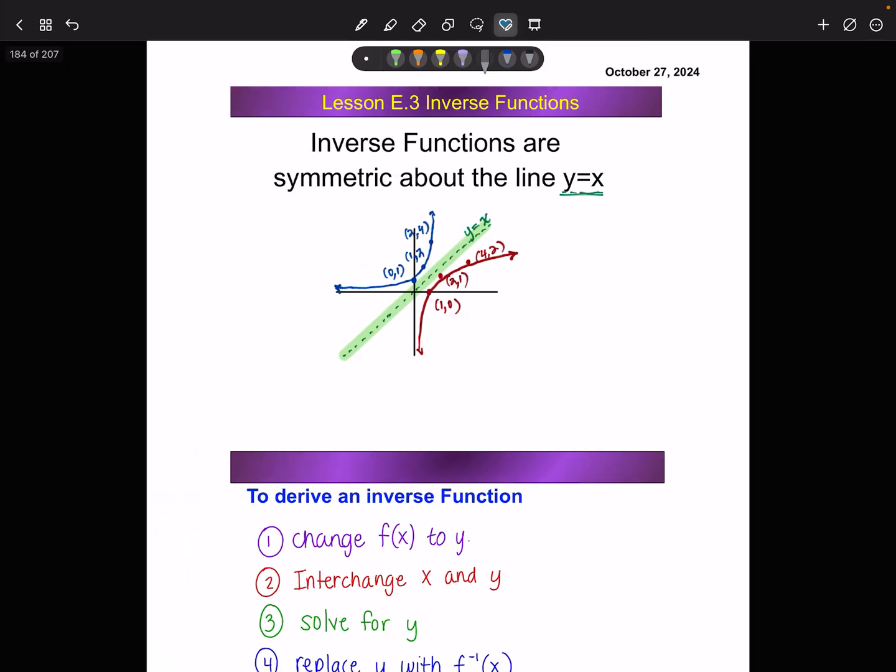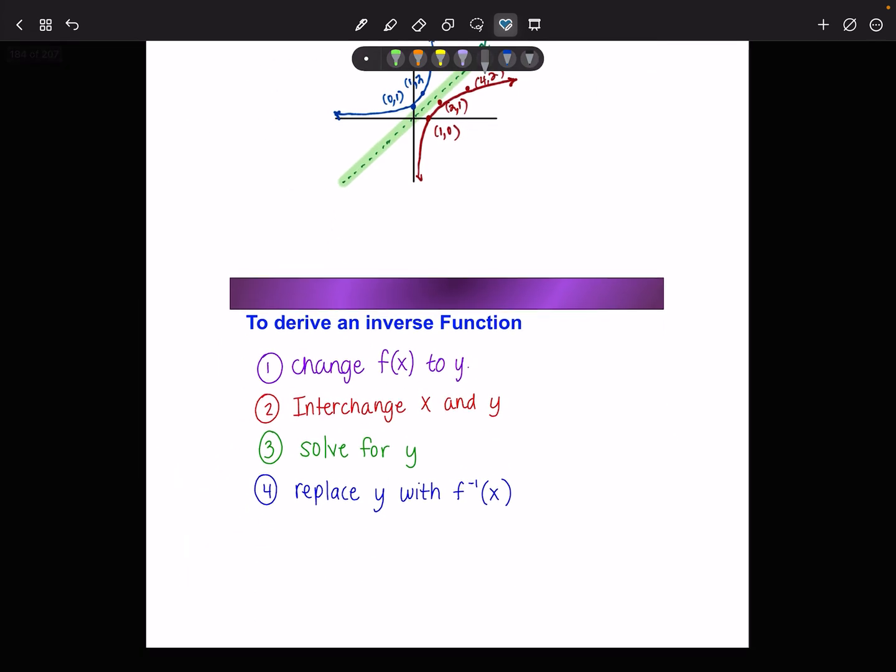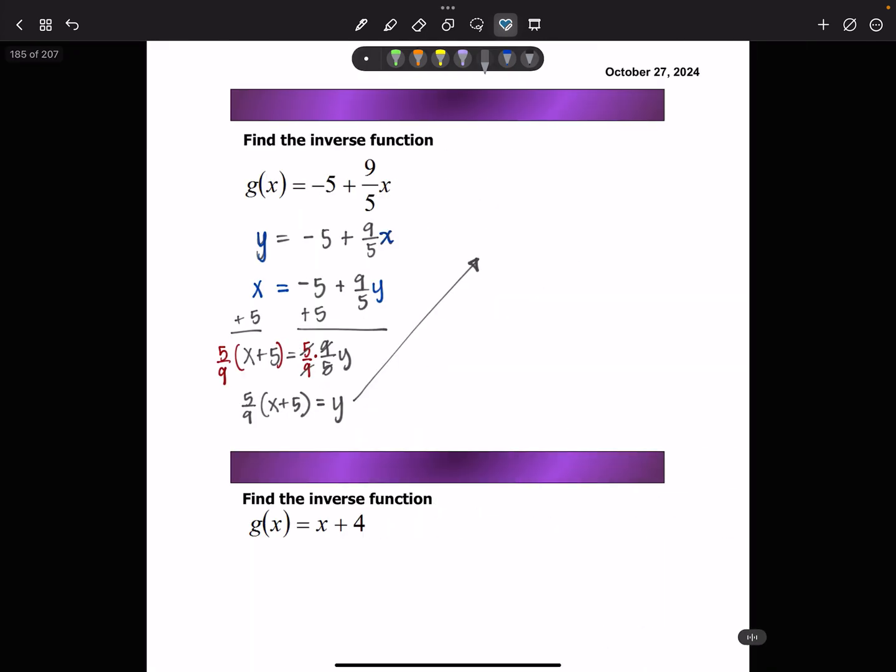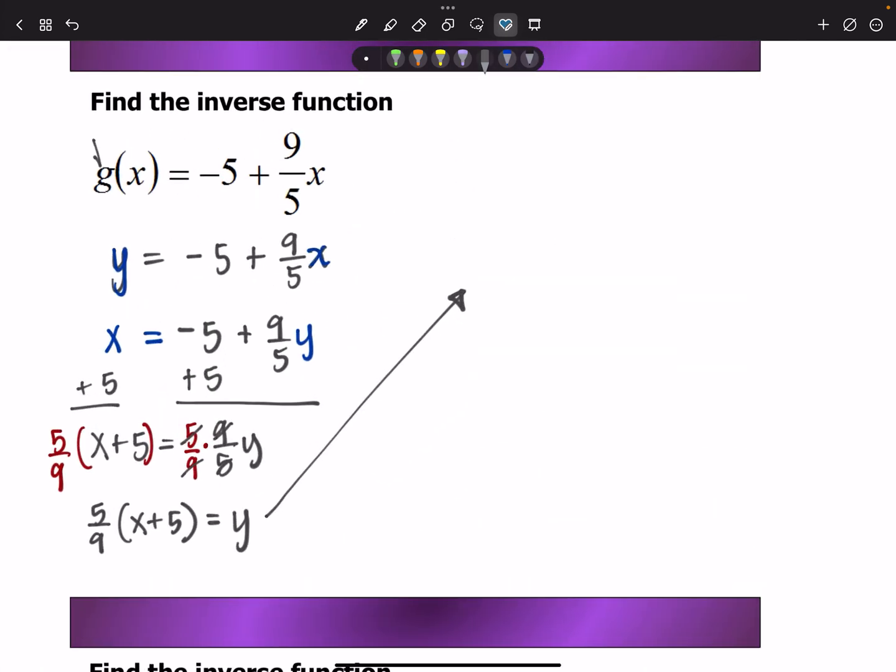And then our last step, I'm not sure if we wrote this. Let's look. Our last step is to replace y with f inverse of x. However, this was named g, so I'm going to change this to g inverse of x is equal to 5/9 times x plus 5. So this y became g inverse.